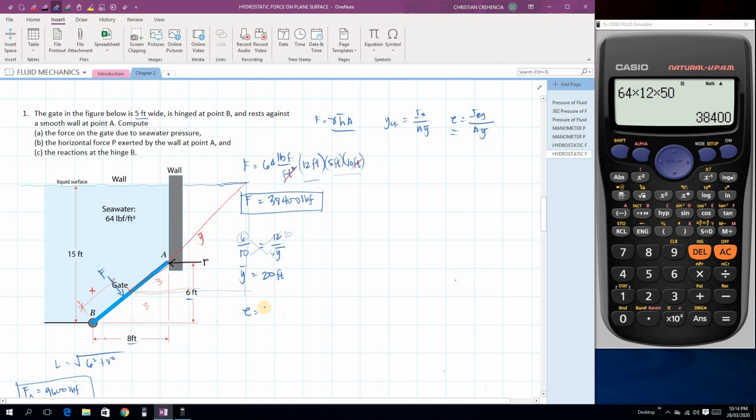So yung B is parallel dyan sa axis na to, which is yung 5 feet by H natin is 10 feet cube over 12 multiplied by area 5 feet by 10 feet.